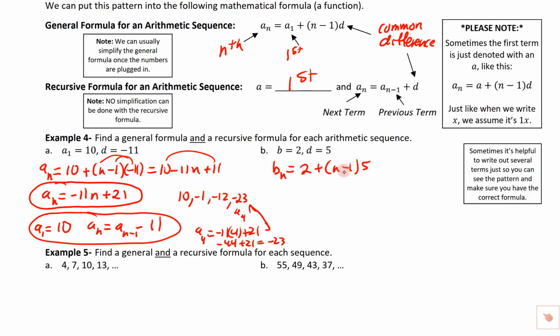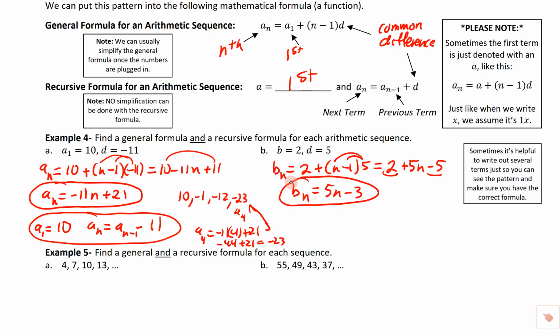This is n minus 1, and then I put the common difference of 5 right here, and then I'm going to distribute through here. So let's see what we end up with. We end up with a 2 and then plus 5n and then minus 5. Those two are like terms, so here's the nth term formula. I end up with 5n, and then minus 3 when I put the two of those together.